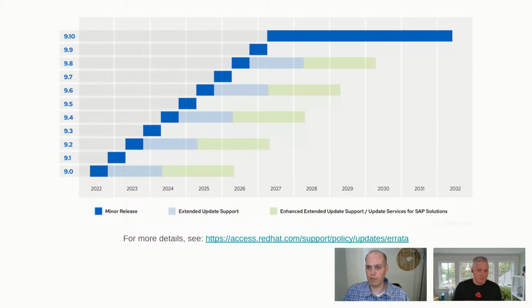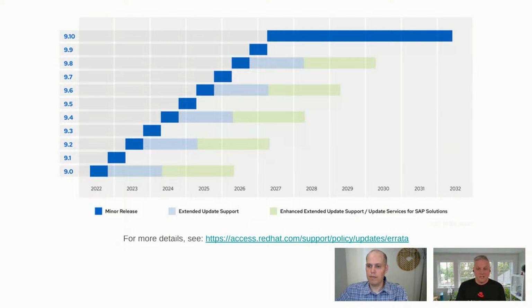Yeah, and I just wanted to point out that inside of those minor releases, there are 2 groupings. All of them have a very short blue bar, but some have a light blue and greenish bar after it. Every even release, looking at RHEL 9, so 9.0, 9.2, 9.4, 9.6, 9.8, are ones we offer extended update support on.